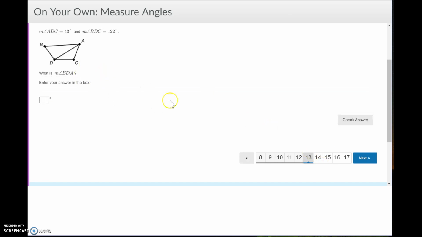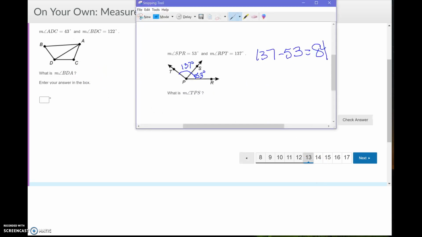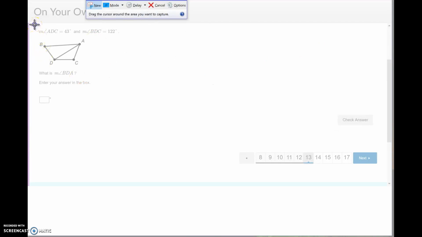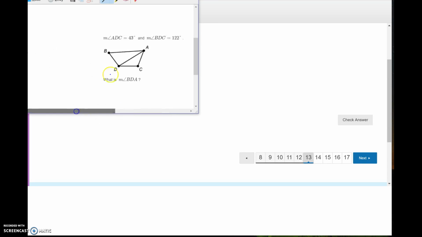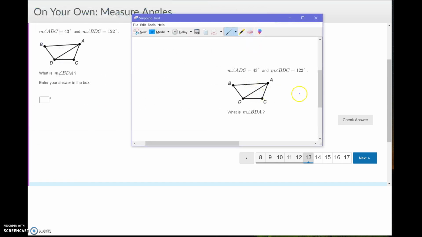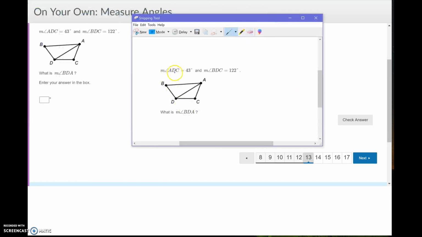All right, take another snip. Uh-oh. All right, angle ADC is 43, and BDC, this whole angle, is 122.